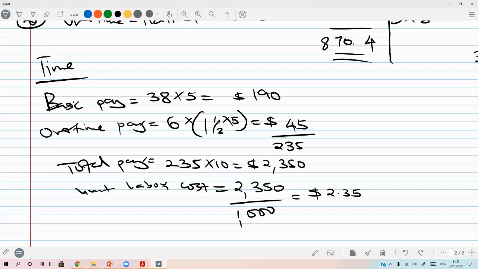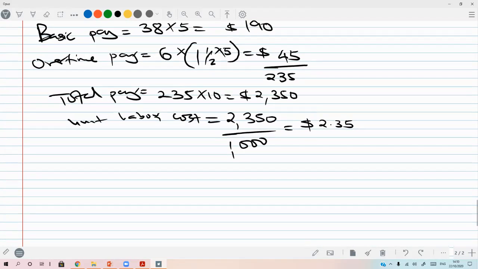Now, in an attempt to improve productivity, the manager has decided to change the method of pay to piecework. Now they want to change from time-based to piecework, where each employee will be paid a rate of 2.1 per unit for the first 80 units. So let's work it out together.